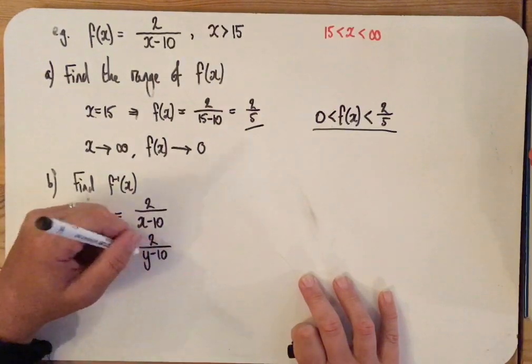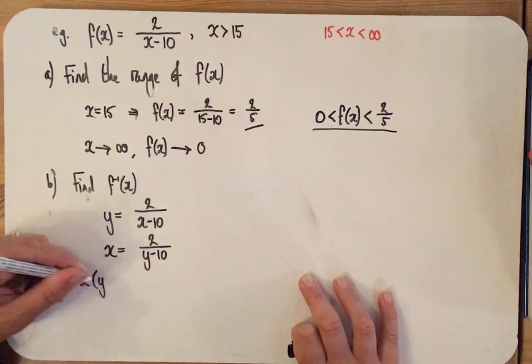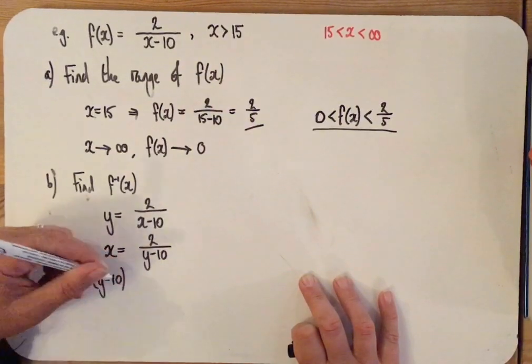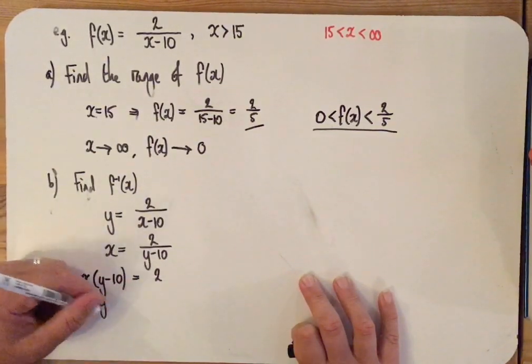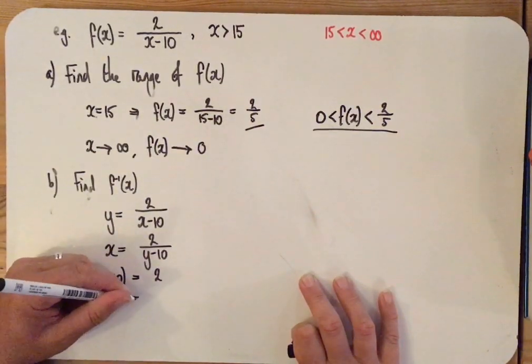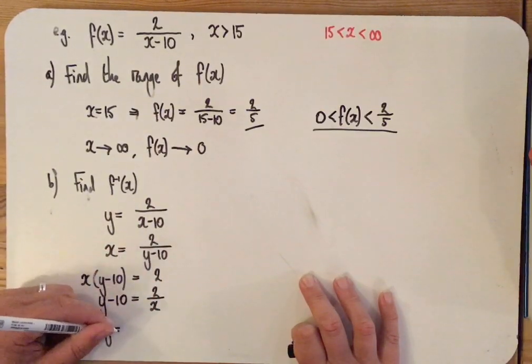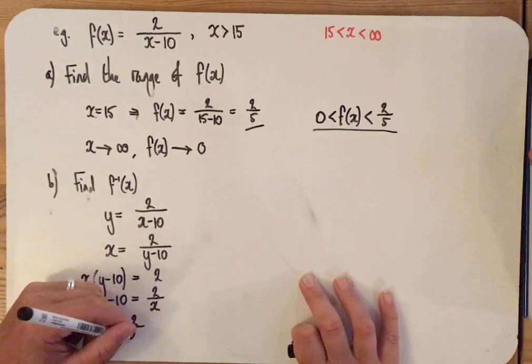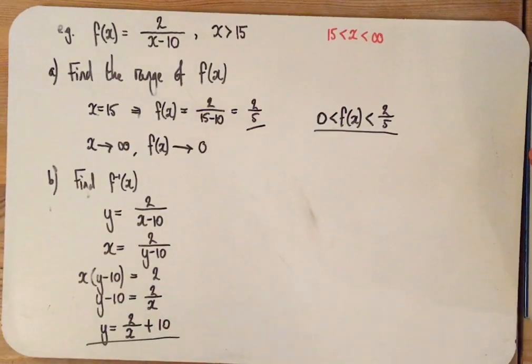So I need to times by this denominator, then I can divide by x. And then y is equal to 2 over x plus 10.